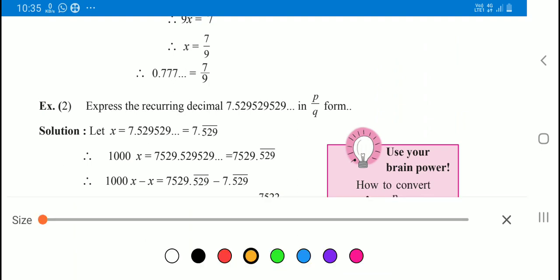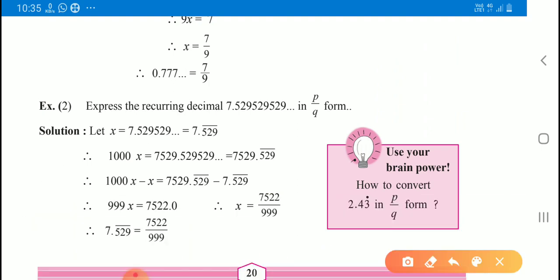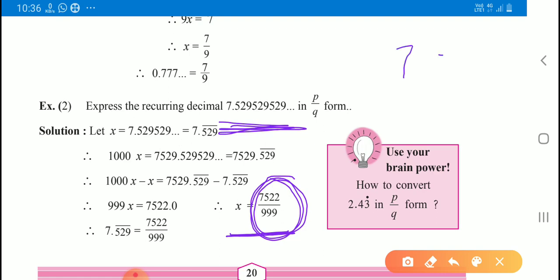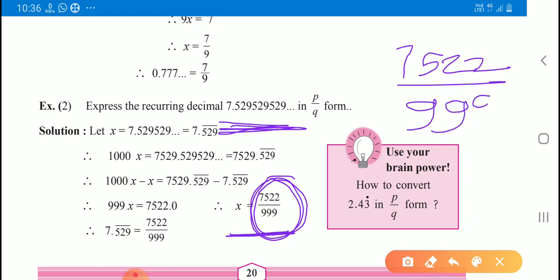Now 999x is equal to 7522. So x is equal to 7522 upon 999. So this 7.529 recurring we expressed as 7522 upon 999.